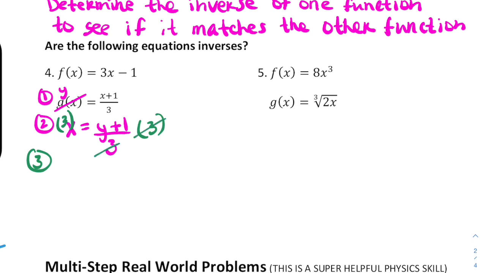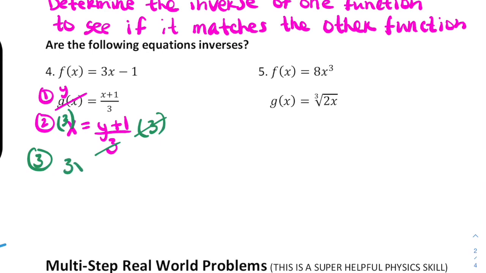So we're going to be left with 3x is equal to y plus 1, and then just simply subtract 1. And 3x minus 1 is equal to y. All right, no squares or cubes or anything here. And this is our inverse of function g.